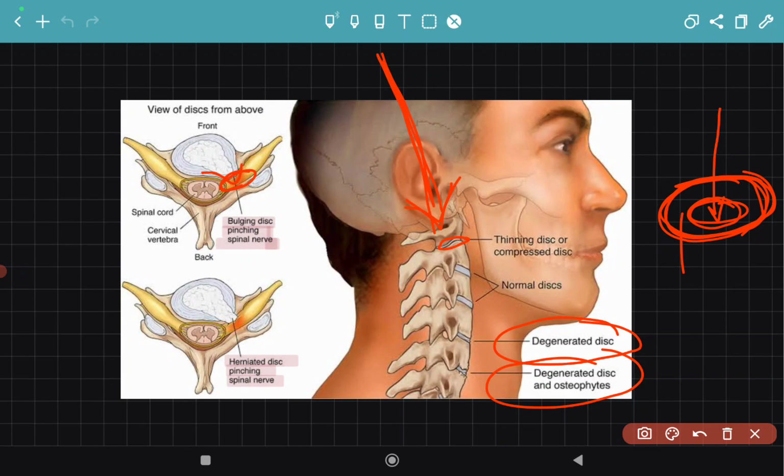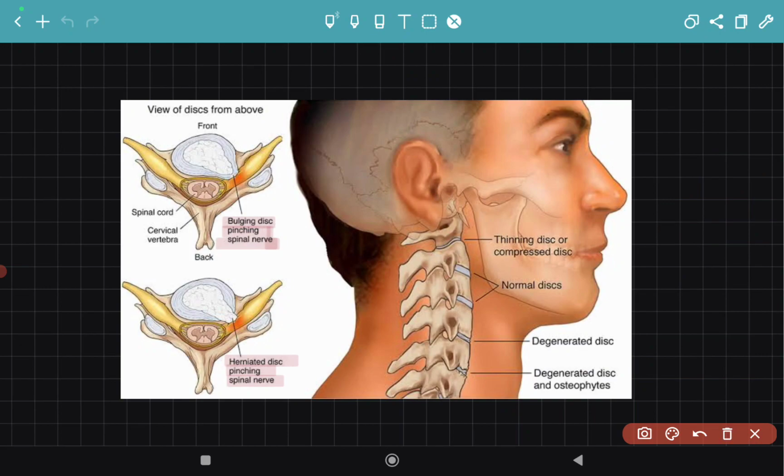So the problem arises from here. We can see there is thinning of the disc over here. Those are the normal discs shown, and again the degenerated one this way, which occurs with aging. Hence we can predict that there must be some problem occurring from here, so it will impinge the nerves and hence affect the dermatomal region, which we can test in a basic manner, which we saw in this series.